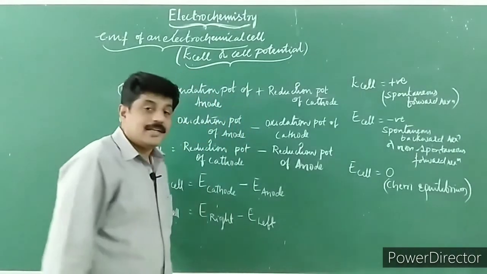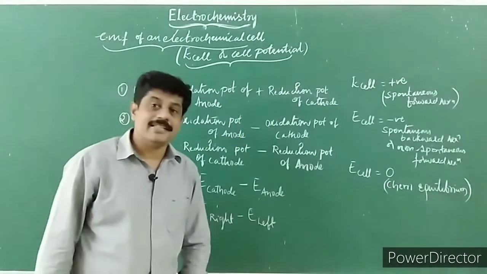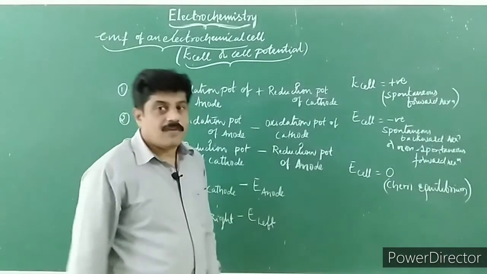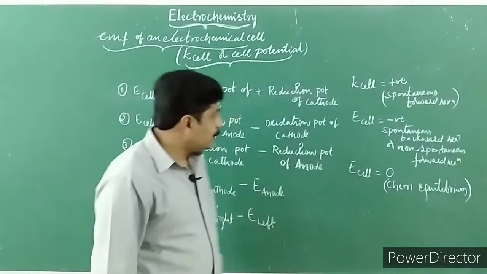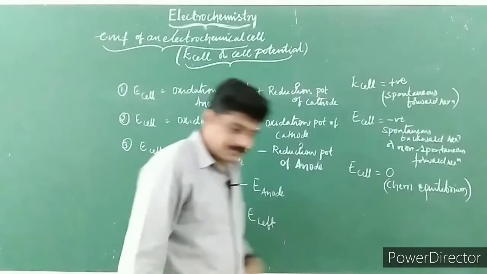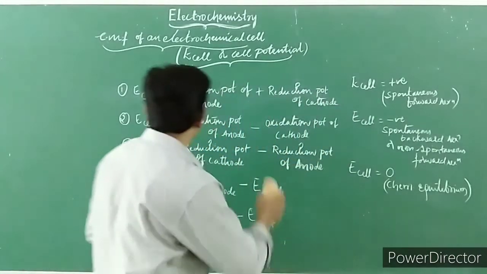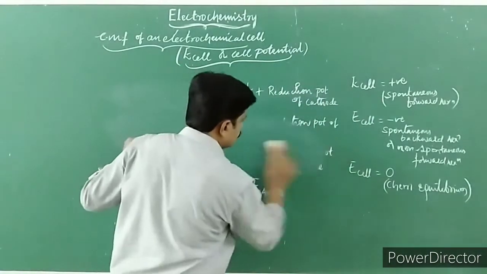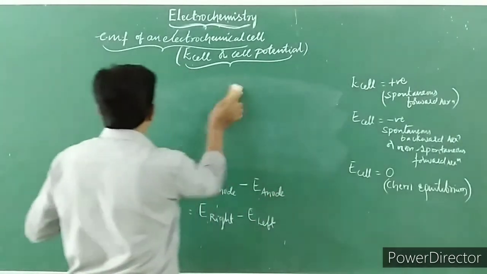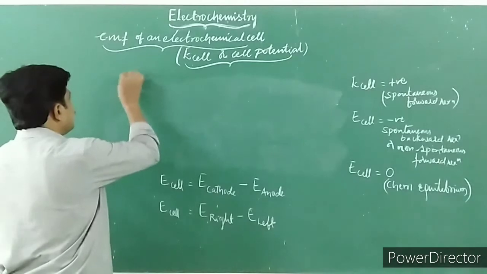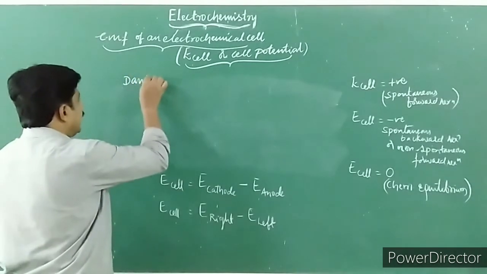So this is about cell potential, otherwise called E cell. Let me take up one particular example of a Daniell cell and try to write E cell for it. Children, let me represent the Daniell cell.